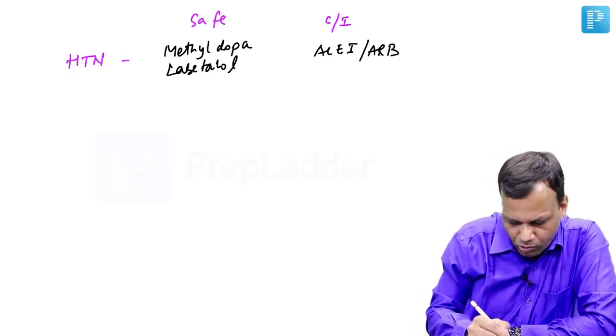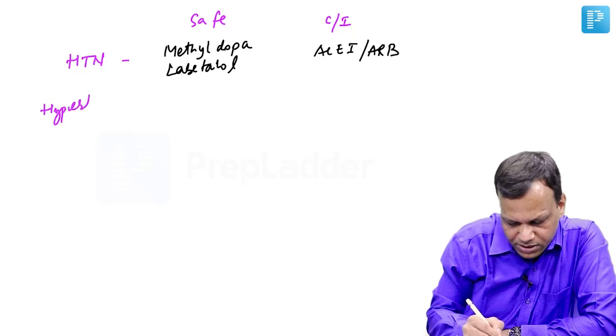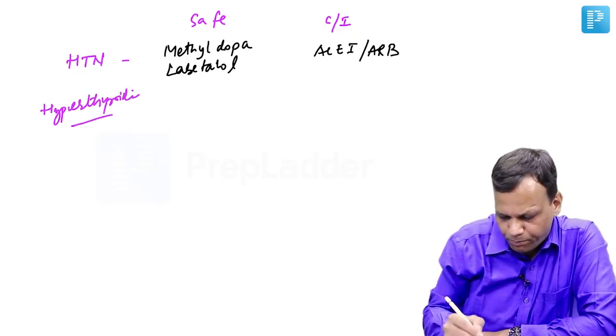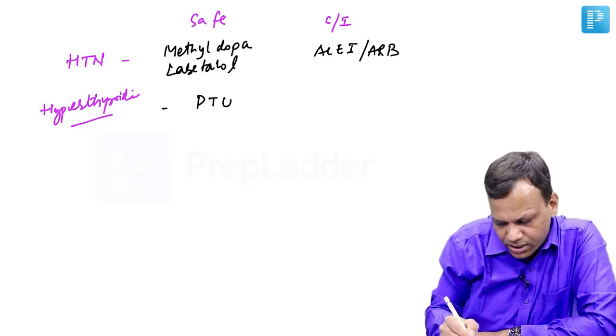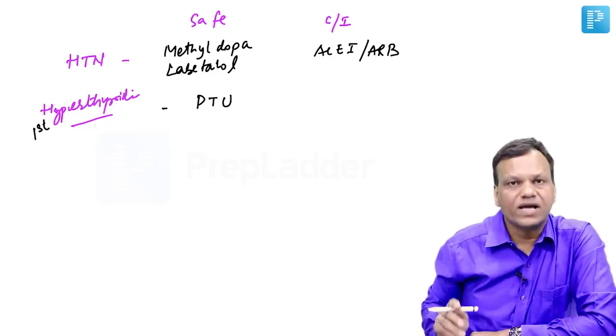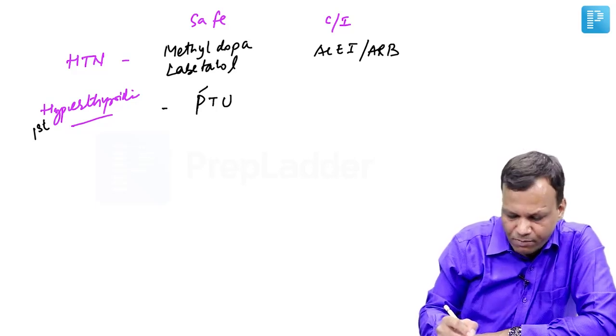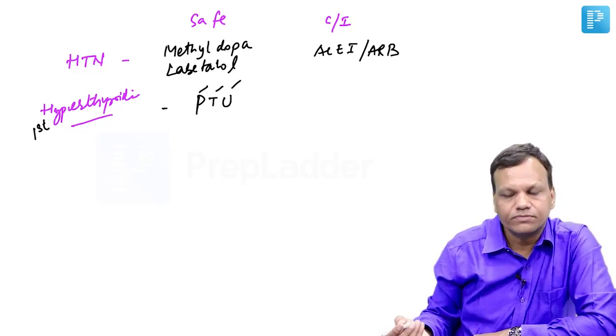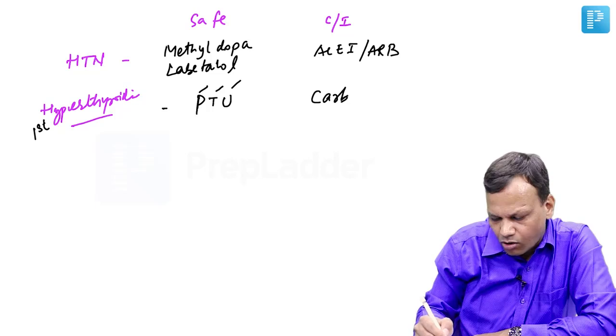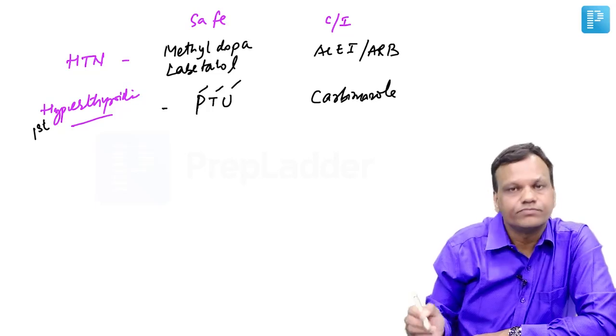Second, you need to remember about hyperthyroidism in pregnancy. The drug safe is propylthiouracil. Remember, particularly in the first trimester, they ask propylthiouracil is the drug of choice. Whereas carbimazole like drugs are contraindicated in the first trimester.